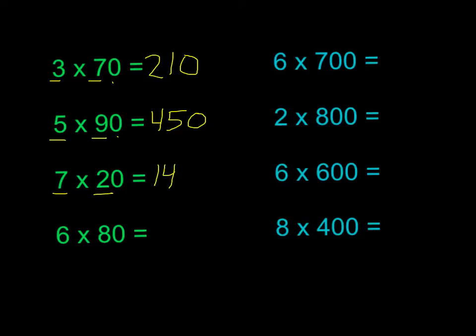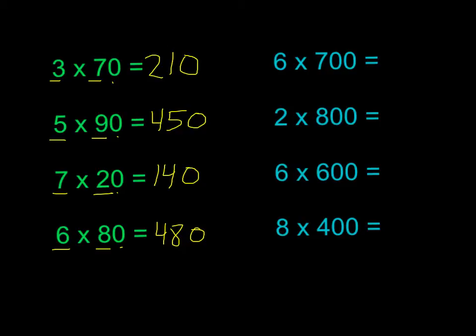And I have a 0 there, so I'm going to add a 0 over here. I get 140. 7 times 20 is 140. And we have our 6 times 8. 6 times 8 is 48. And I have a 0, so I'm going to add a 0 here. I get 480. 6 times 80 is 480.